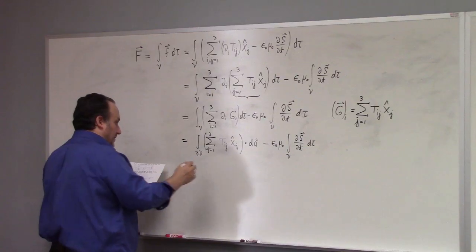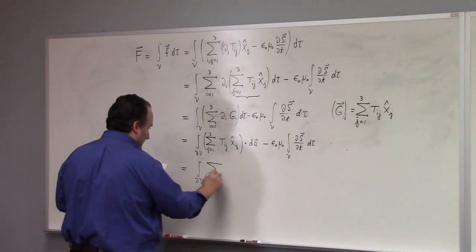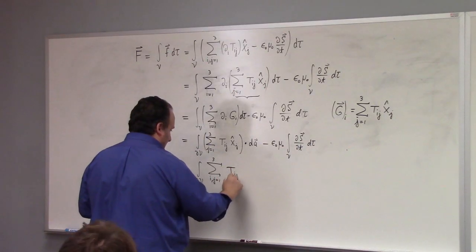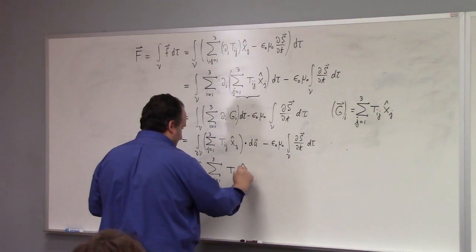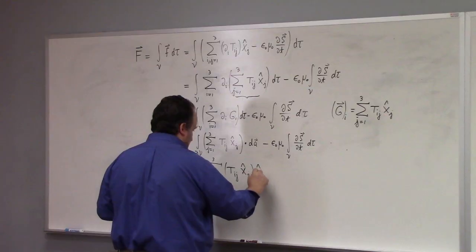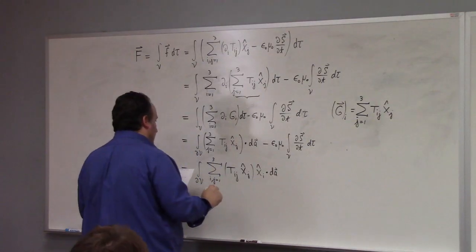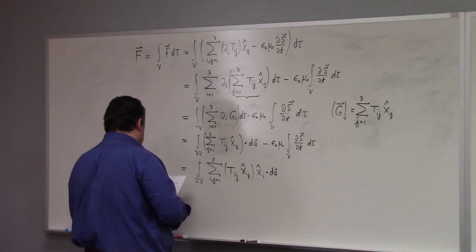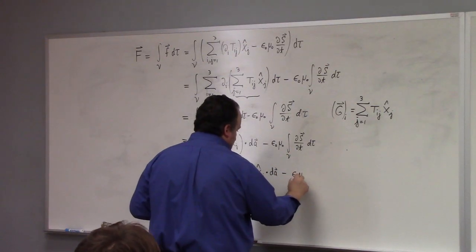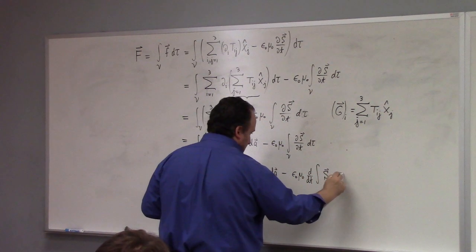More explicitly, this is the integral over the boundary of the volume of the sum i, j equals 1 to 3 of T_ij x hat j, times x hat i dot dA, minus epsilon naught mu naught d/dt of the integral of S d tau.